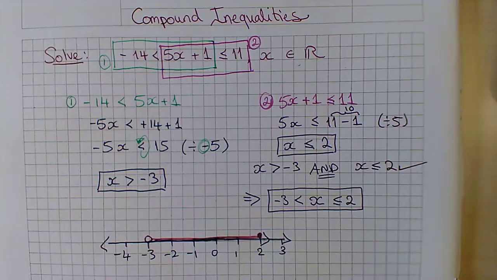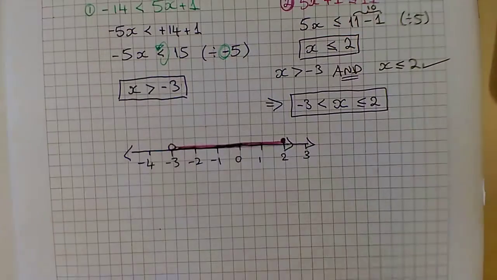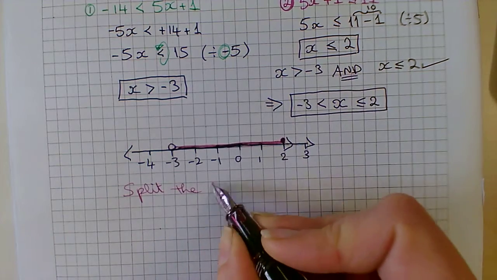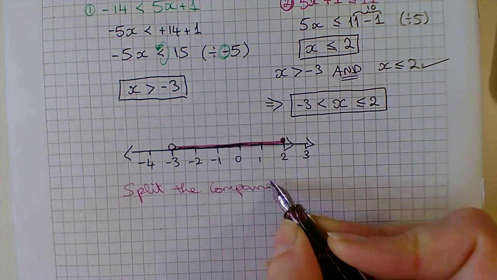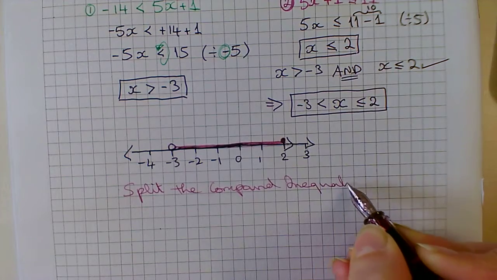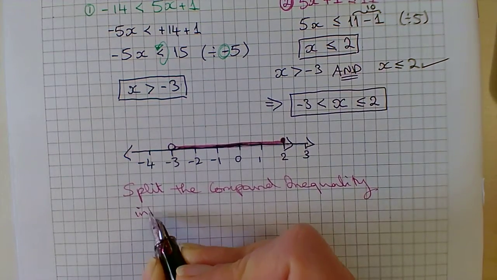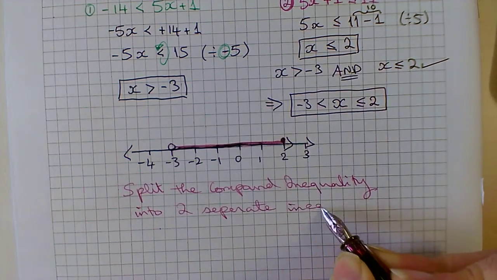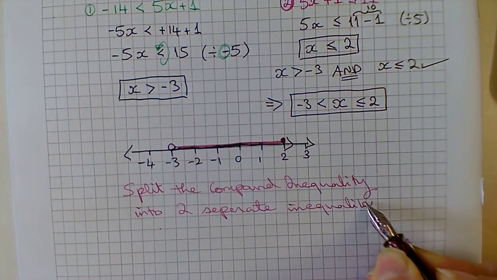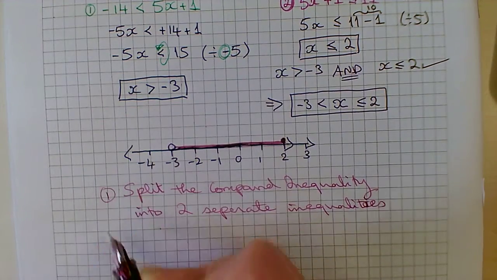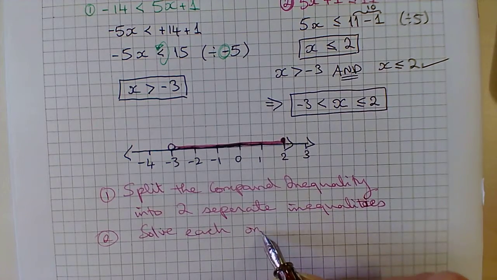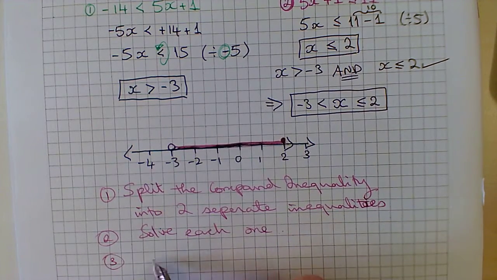Okay, so that's how we deal with compound inequalities. We need to split the compound inequality into two separate inequalities, solve each one, and plot on the number line.